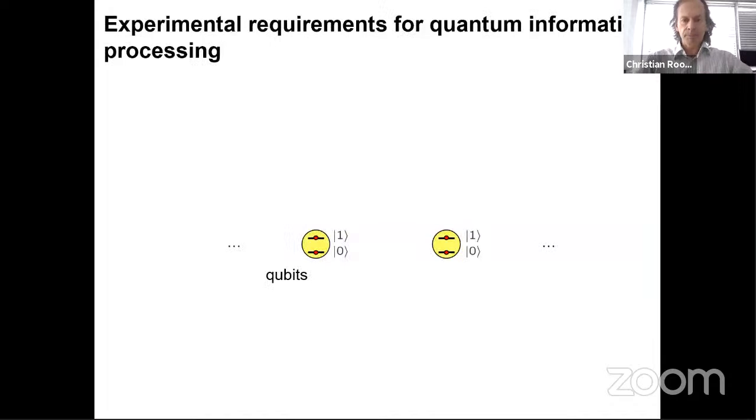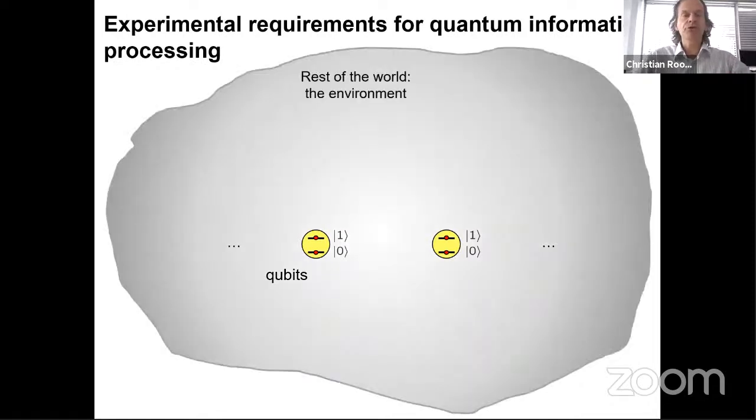Now, I told you we would like to use ions as carriers of quantum information, and so we would like to encode a quantum bit in the electronic states of an ion, and try to isolate these quantum bits from their surroundings as well as we can. And that's something we will achieve to some degree. I mean, there's always the rest of the world in the sense that we have an experimental apparatus which we use for trapping the ions.